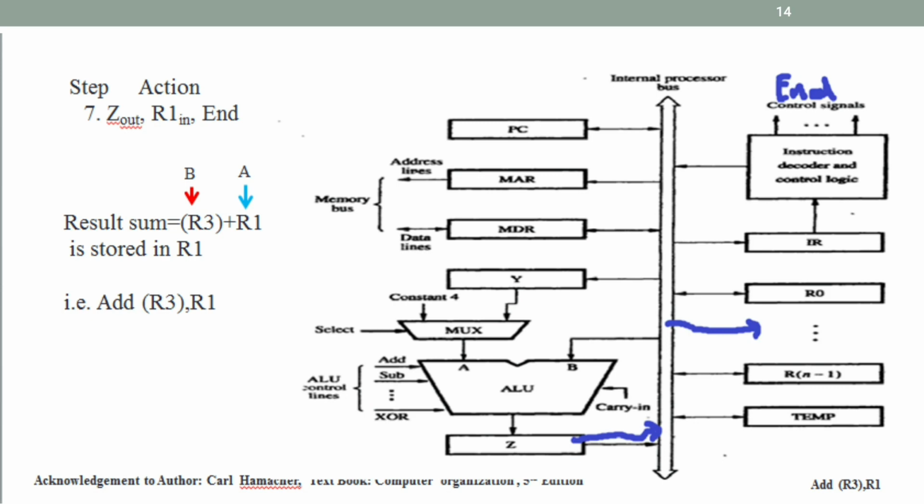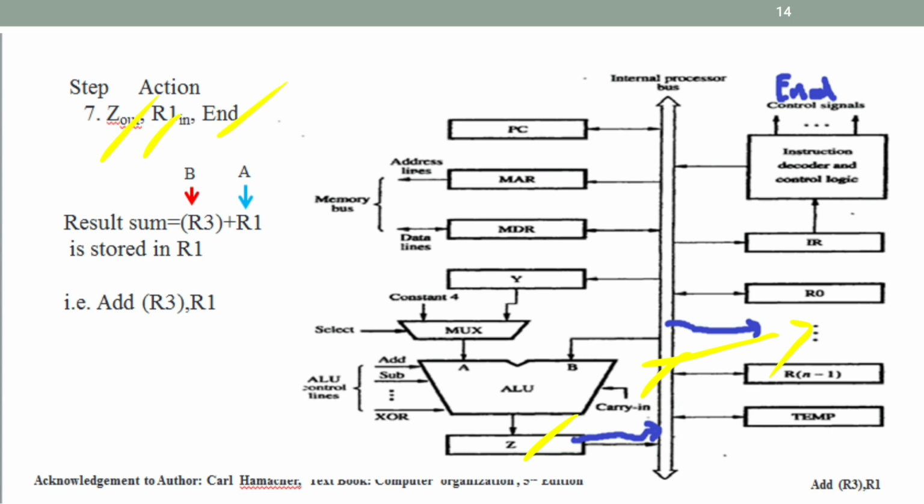Okay. So next, the seventh step of the control sequence. Z out: this control signal puts the sum saved in the Z register onto the processor bus. The R1 in control signal will take that sum and put it into the R1 register.